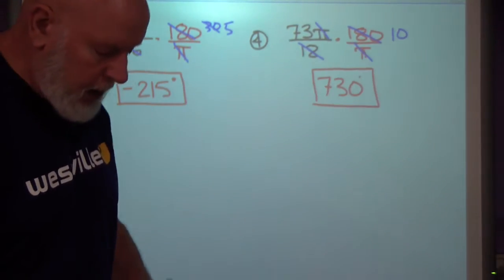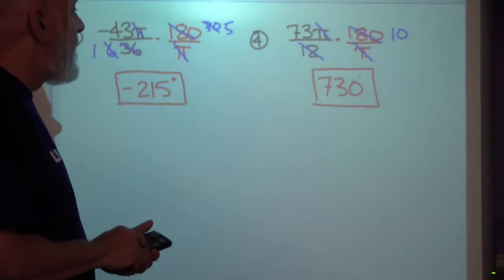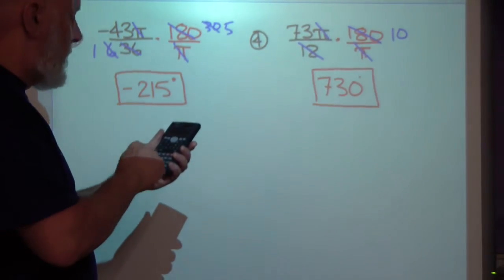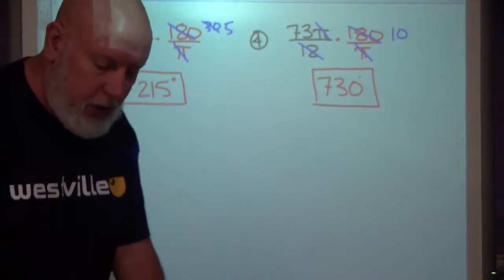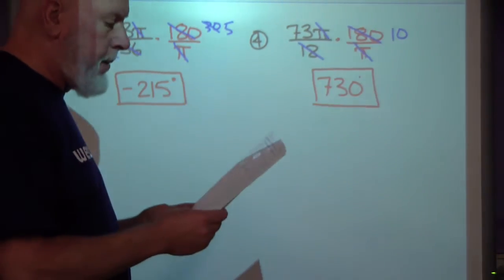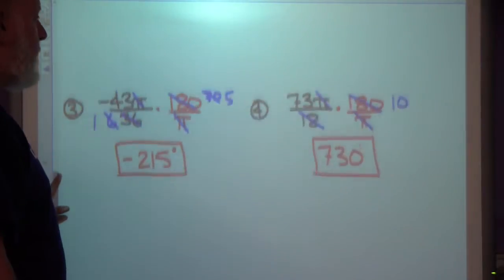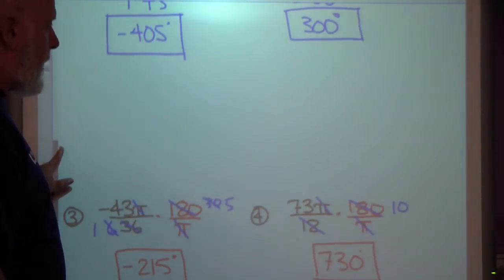So let's see what I get. Oh, I can just check the answer. Did all that in my head. 730, yay! It's early and my brain is not working, but by golly, I got through those 4 problems.